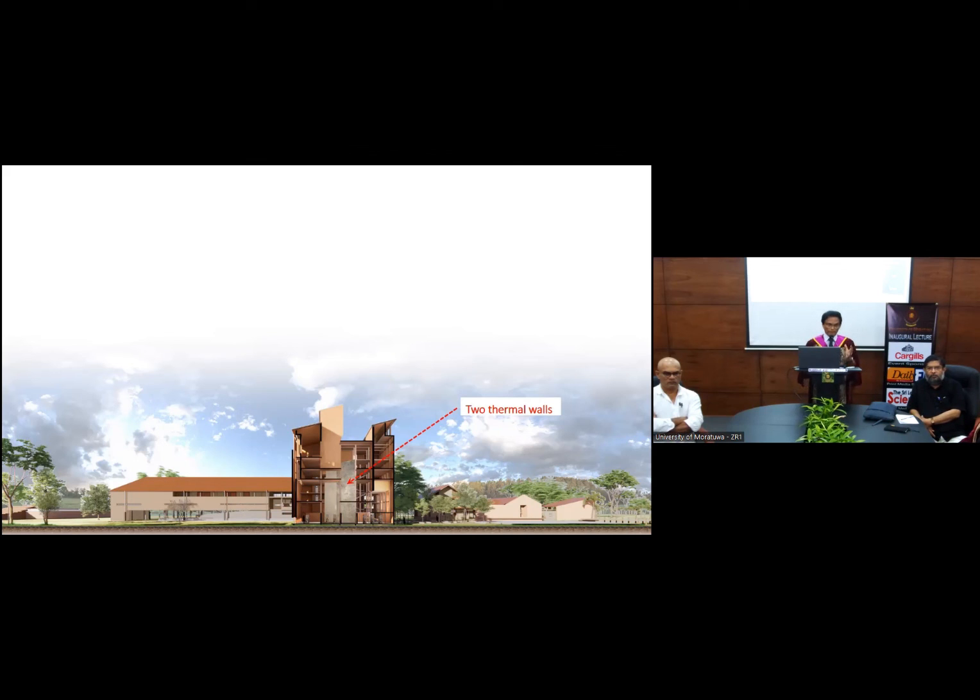So we find materials from the site itself, and the two thermal walls are ventilated in the night, and thermal walls then get cold enough to absorb heat on the following day, and then when absorbed, they will start to release in the afternoon, and then there are two thermal chimneys just on top of the thermal wall, so it releases all heat. So it works as an air funnel.